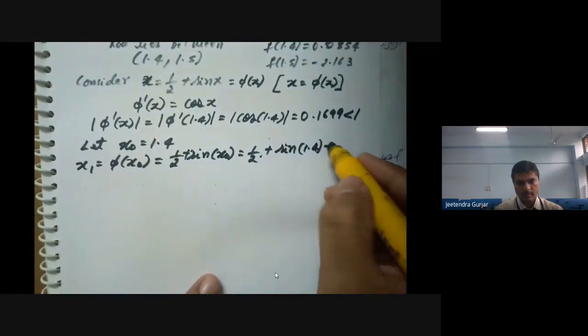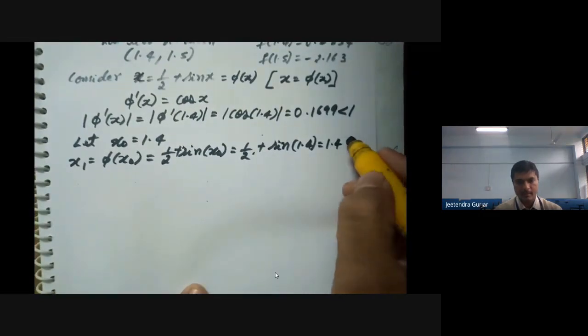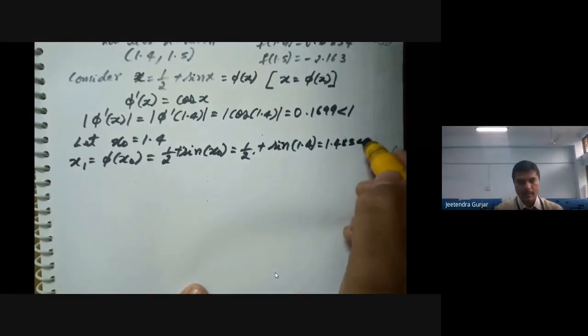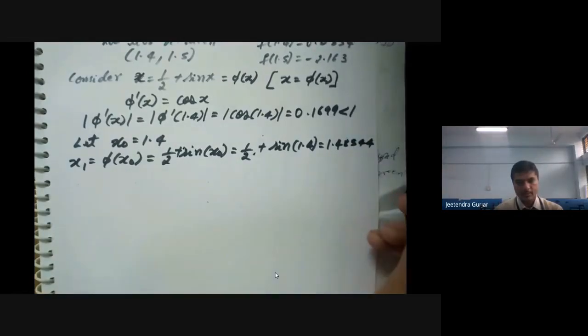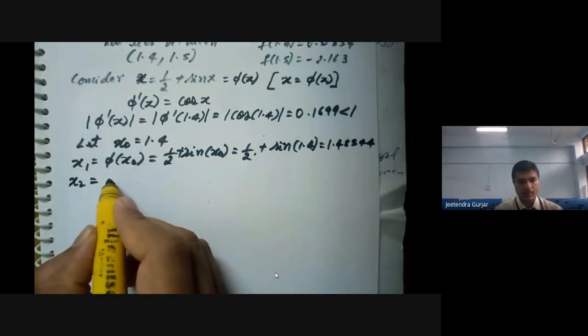Yes, you are right, Harshada. The answer, if we put it in the calculator, is 1.4854. Absolutely correct answer. Like this, you should be ready with x2 now.